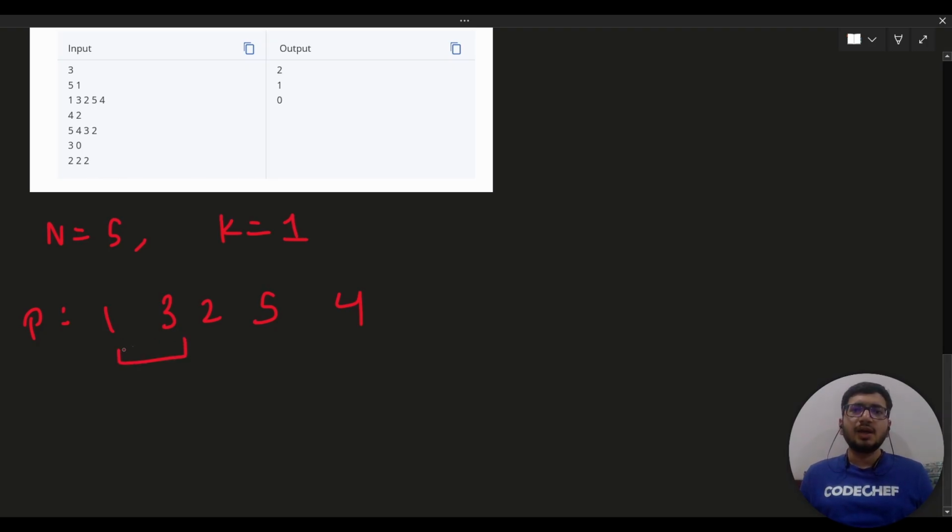If we do so, the difference between them, that is 3 minus 1, gives us 2, and if we remove the transaction cost, we have 1 remaining. So this is a winning trade. Next up, we can choose 2 and 5. You can also choose 2 and 4, but still the difference will be more than the cost of the transaction. Therefore, we have 2 total winning trades.